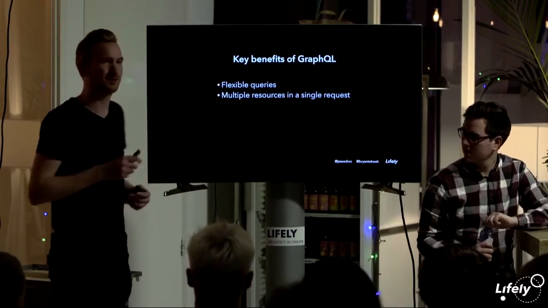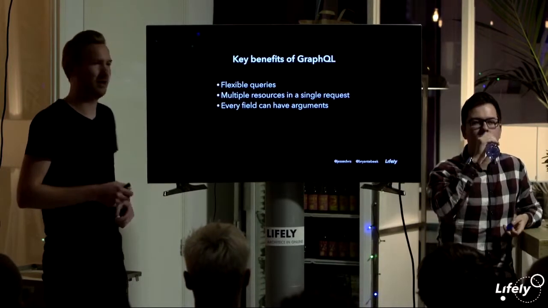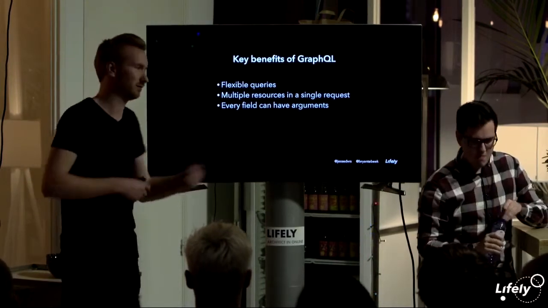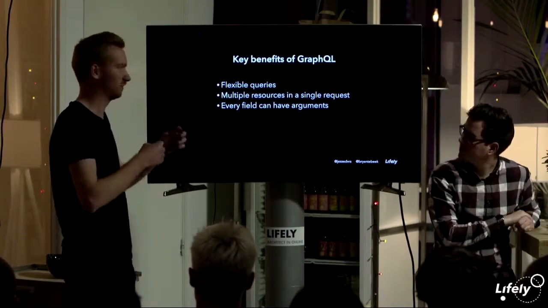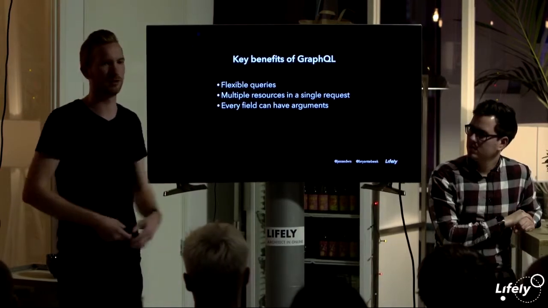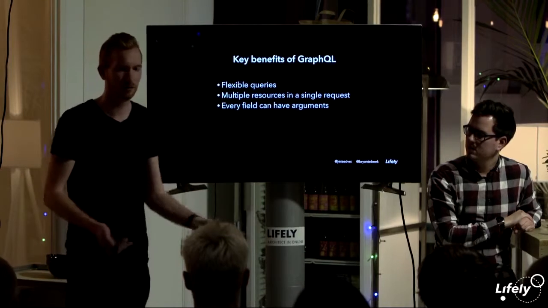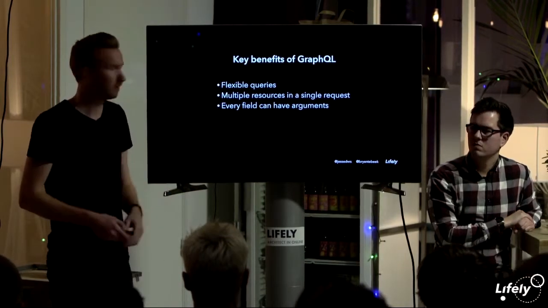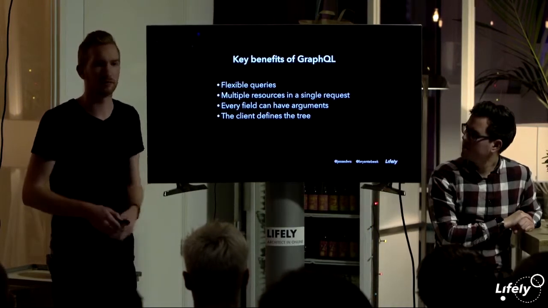You can ask for multiple resources in one single request. Every single field can have arguments. You haven't seen that yet, but some of you already know it. For any field, for example the departure airports, you can pass arguments to it, for example to filter it, and any field can have arguments. So it's completely compatible. And the client decides what it gets.